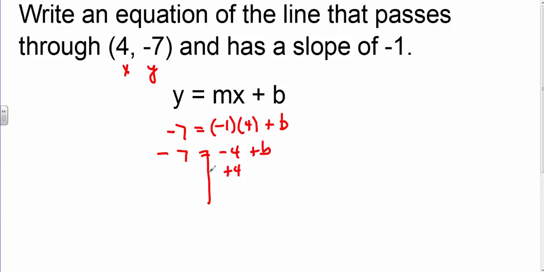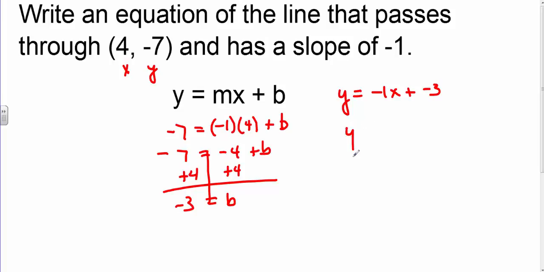Add 4 to both sides. And that gives us negative 3 is equal to b. Then we come back up and we write y is equal to m, which is negative 1, times x, plus negative 3. And we can just write y equals negative x minus 3.